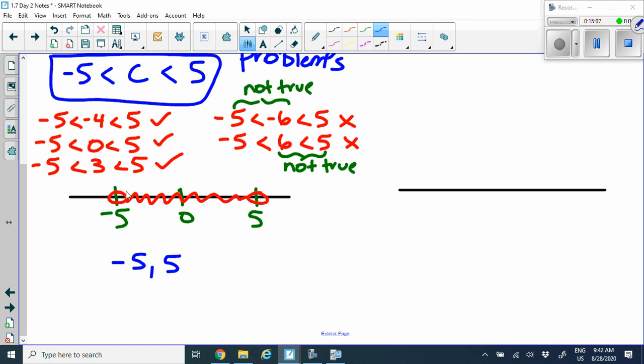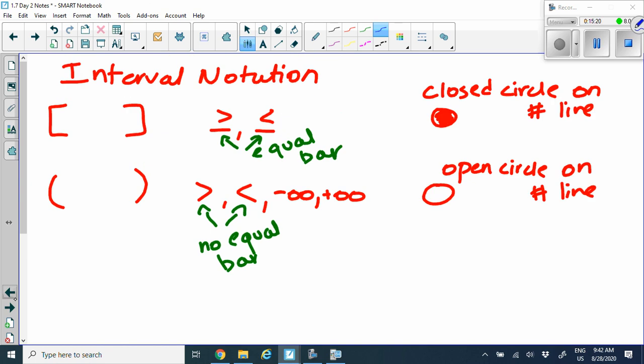So if we think about it, we have a starting point at -5. Now, we have an open circle, right, so what are we going to use around our -5? Let's go back here. Notice when we talked about brackets and parentheses, right? Brackets are only used when we have equal bars and closed circles.